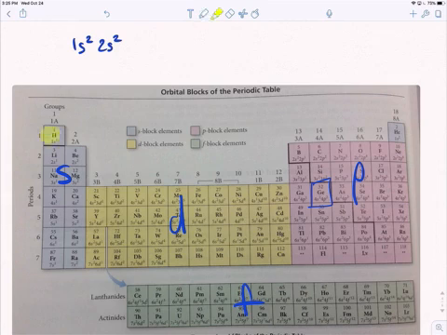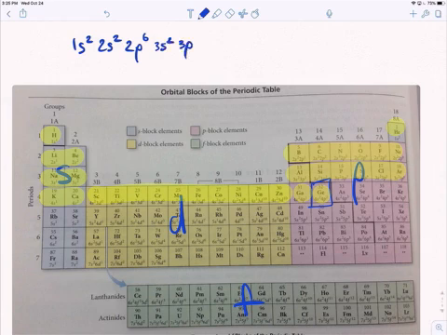I'll say it here: 1s squared, 2s squared, 2p6, 3s squared, 3p6, 4s squared, 3d10, 4p2. That is germanium's electronic configuration.